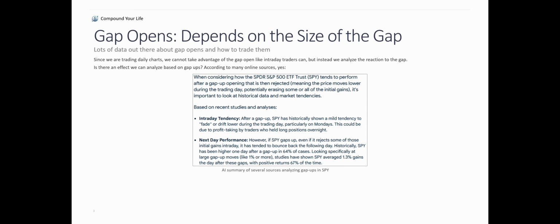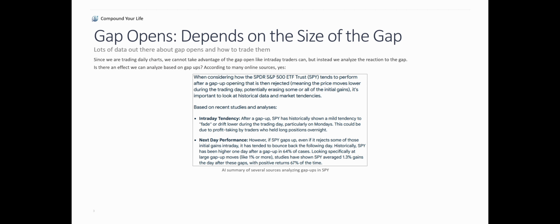I just had basically ChatGPT analyze several websites that did studies on SPY, and effectively right here it says if you are trading intraday, there is a mild tendency to fade a small gap. In my personal experience, the larger the gap, the more likely that momentum is going to continue.